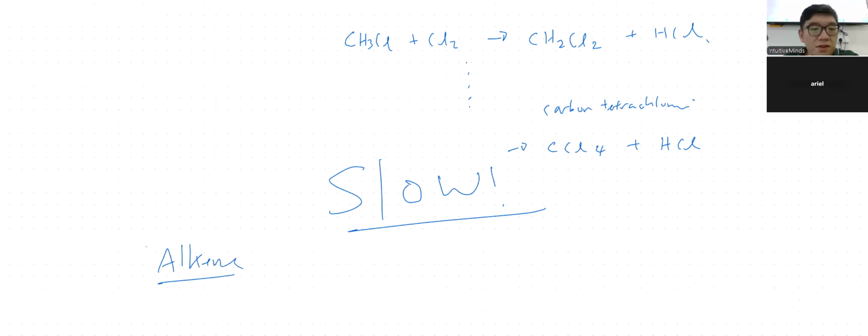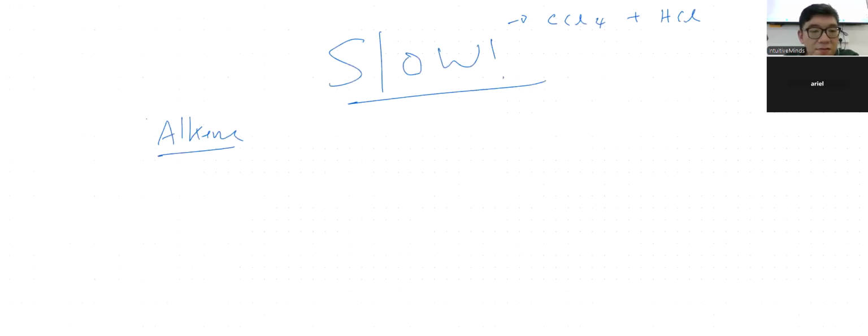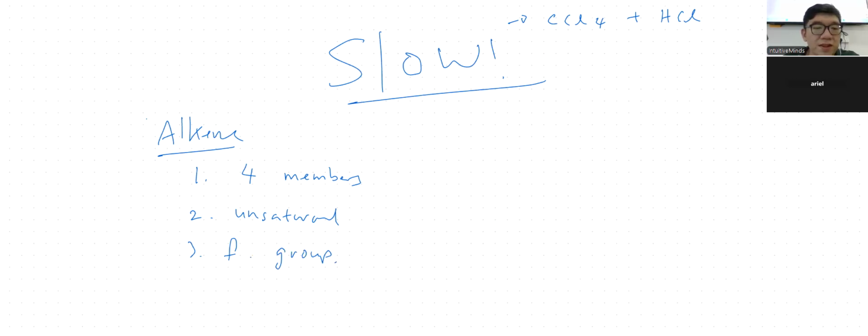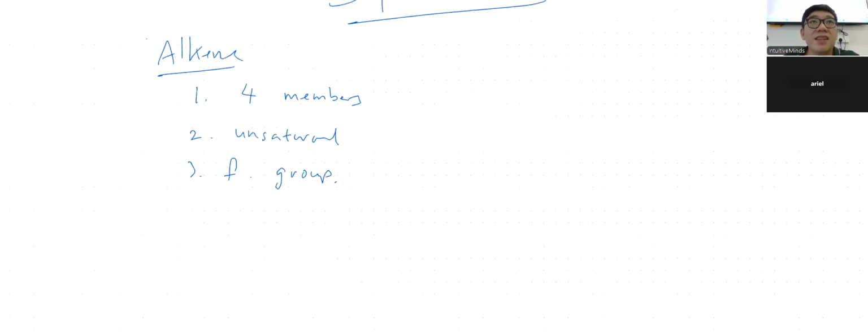What you need to do is first write down the four members, talk about unsaturated, functional group. Once you're done with that, then physical properties as well. The same thing, the melting point and boiling point decrease down the group and all those things.